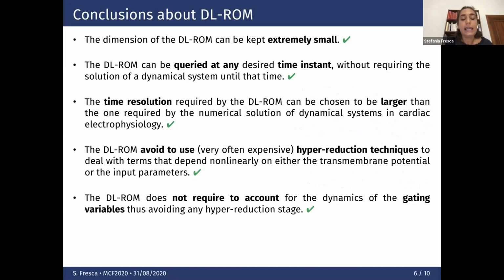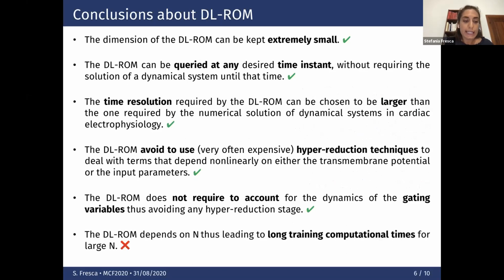And as I said, it doesn't require accounting for the dynamics of the gating variable. The drawback is that the DL-ROM depends on N, which is the FOM dimension, and it may lead to longer training times when this dimension is large. I want to highlight that this may appear as the computational bottleneck of this technique, but the higher training times are always justified by the efficiency introduced at testing times.